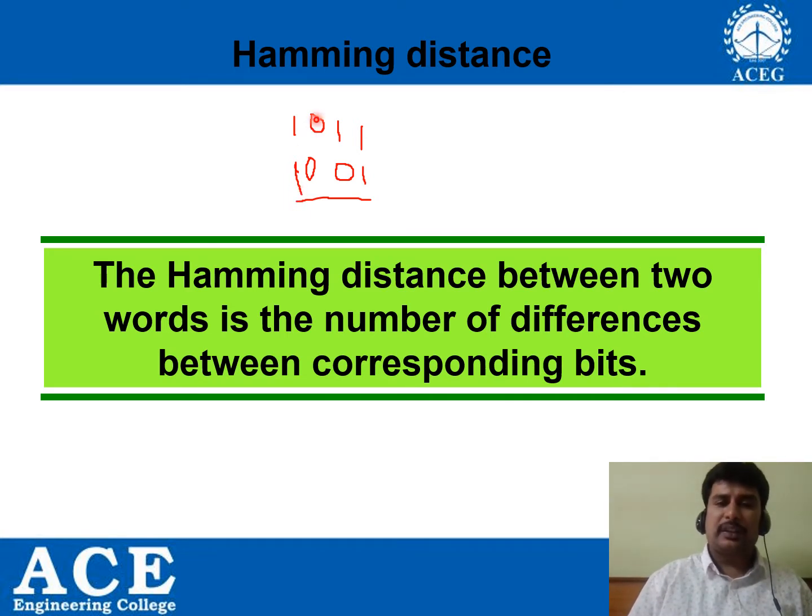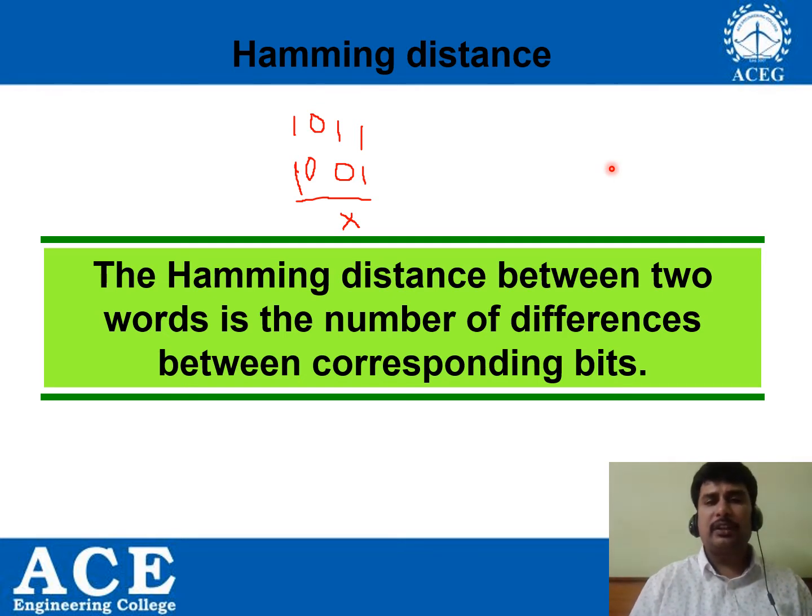The second bit of both code words is the same. The fourth bit of both code words is the same, but only the third bit of the two code words is different. So the number of bits in which two code words differ is referred to as Hamming distance, and for these two code words the Hamming distance is 1. Okay, I hope this concept is clear.